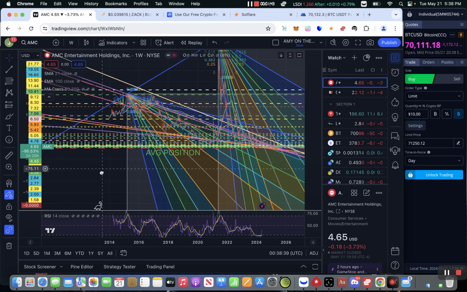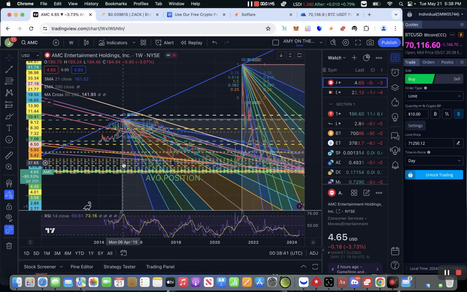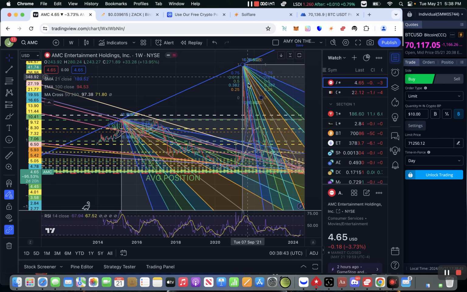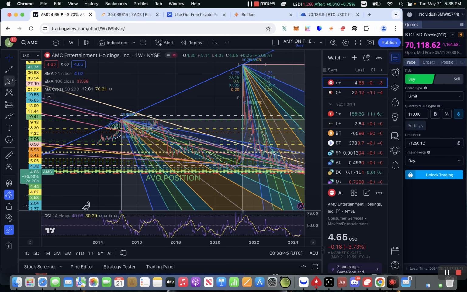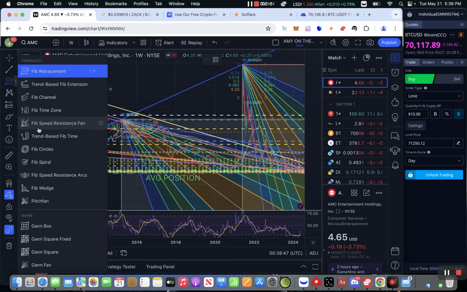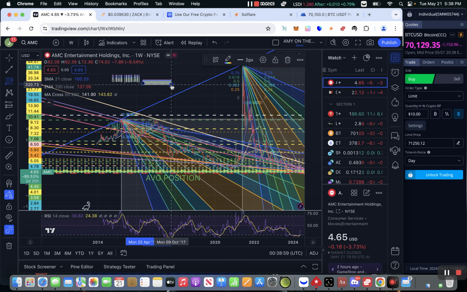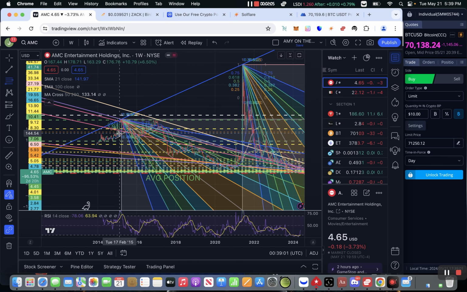So these right here are fib speed fans, speed resistance fans. They kind of work the same way as fib retracements, but the way I'm using them, I'm not gonna say different.